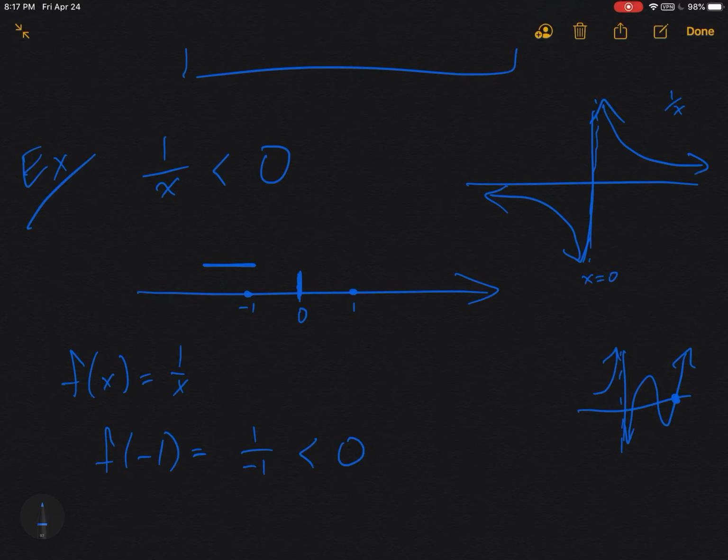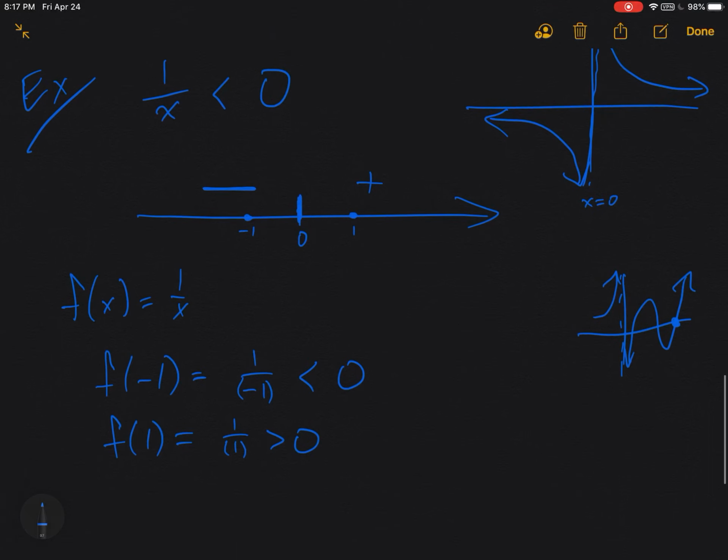We're spitting out negative y values if we live in that left region. And similarly, if I plug in a +1, then what I would get is a 1 over +1, and that's a positive value. So that means that this right region is going to be a positive region.